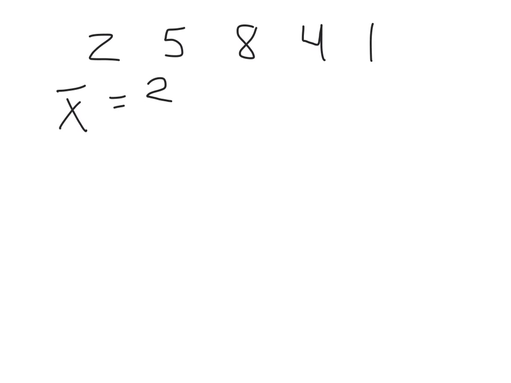Okay. So, suppose I have the following data set. I have 2, 5, 8, 4, and 1. And I want to find the mean. And the mean has a special symbol. It's called X bar. So to get the mean, you just take 2 plus 5 plus 8 plus 4 plus 1.